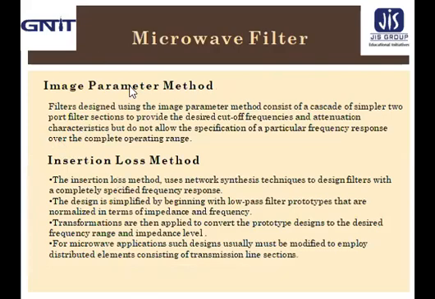Now, what is the image parameter method? Filters designed using the image parameter method consist of a cascade of simple two-port filter sections to provide the desired cutoff frequencies and attenuation characteristics, but that does not allow the specification of a particular frequency response over the complete operating range.